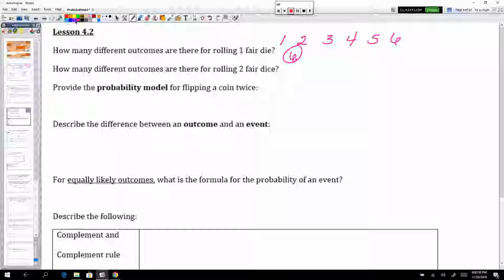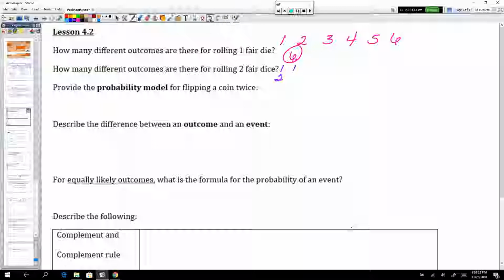Now let's think about how many different outcomes there are for rolling 2 fair dice. Think about that for a second. And hopefully you thought to yourself, well, I could roll a 1 on the first die and a 1 on the second one. Let's do this in order.